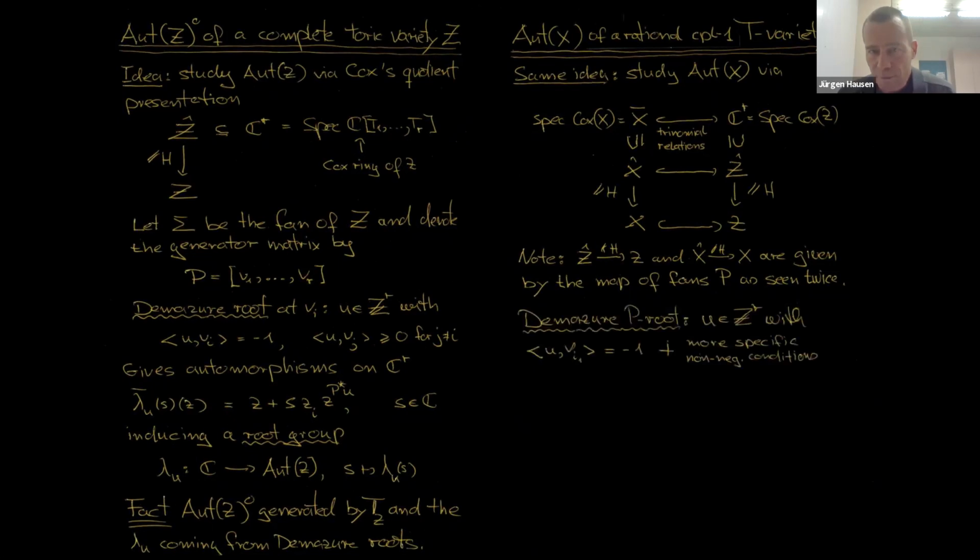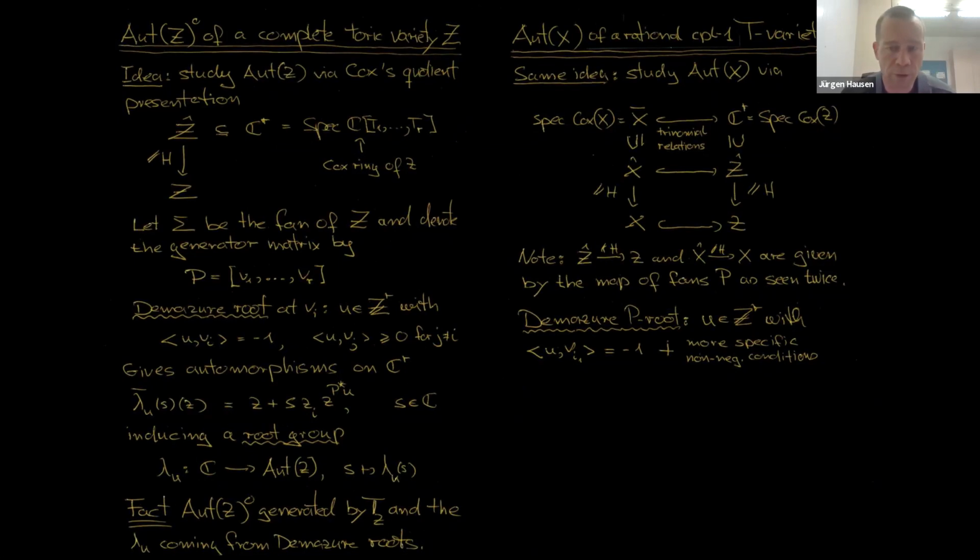What we define in the case of complexity 1 T-varieties are Demazure P-roots. These are linear forms which evaluate to -1 on a given v_{i1} and also are non-negative on the remaining columns of the matrix P, but the relations are more specific.